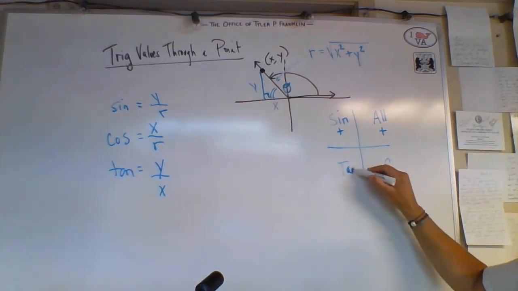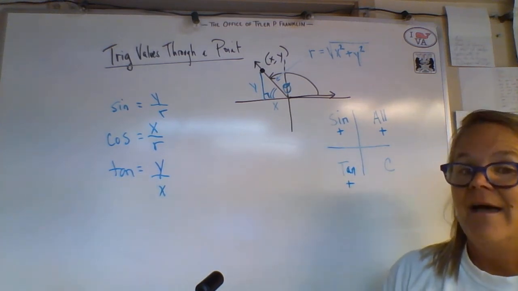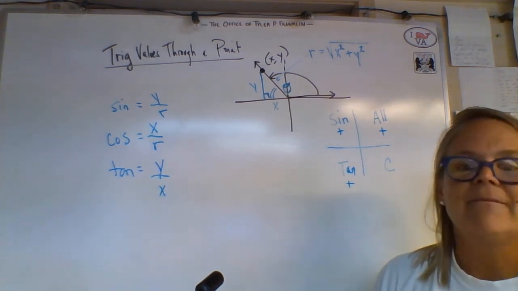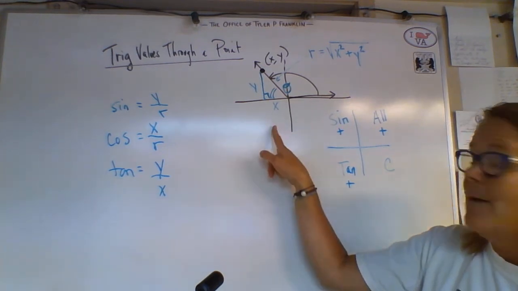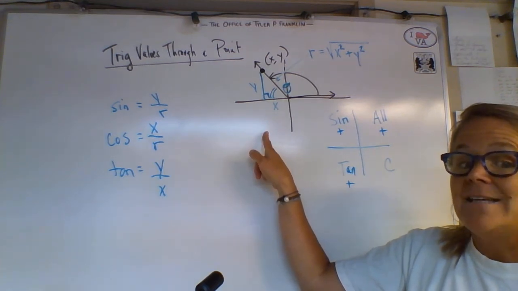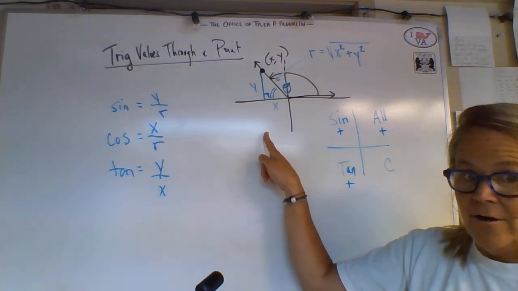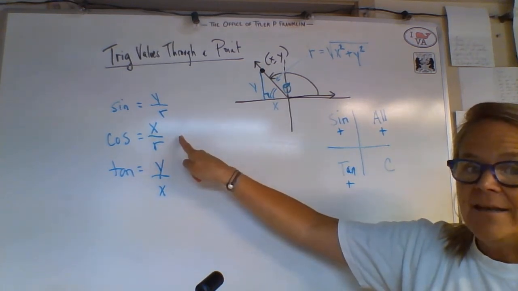Third quadrant, tangent is positive and cotangent. Everything else is negative. Why would that happen? In this quadrant, your x and your y are negative. That's going to make sine and cosine negative.